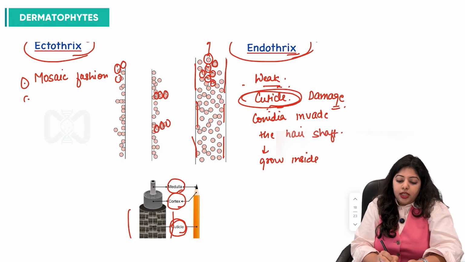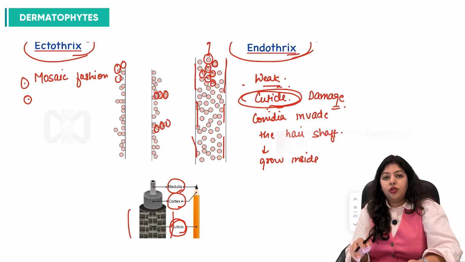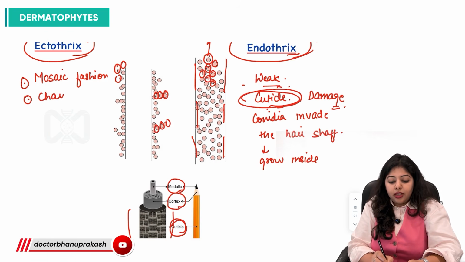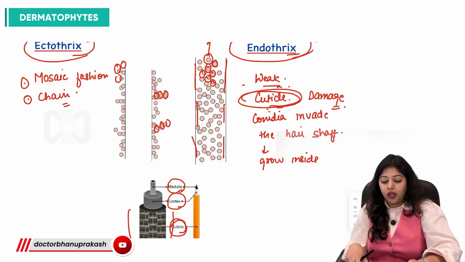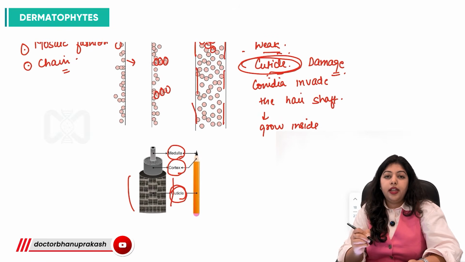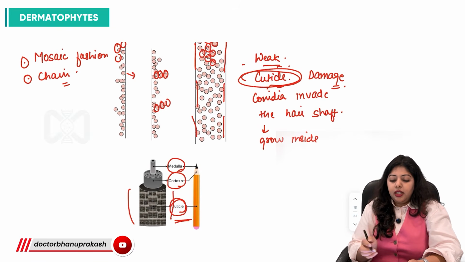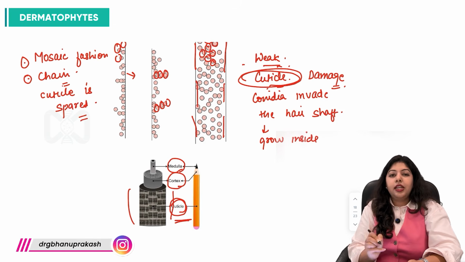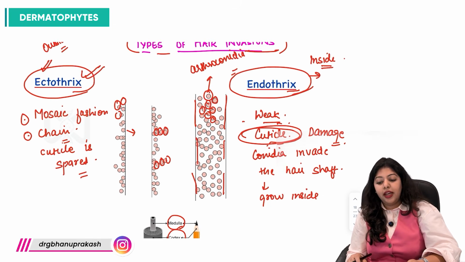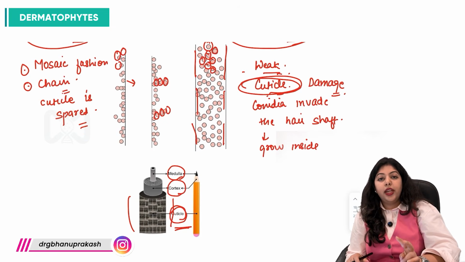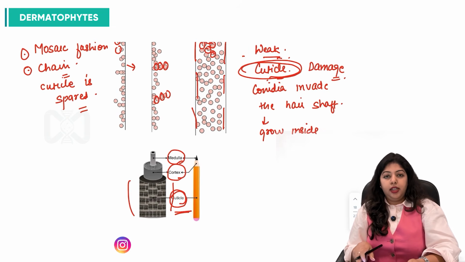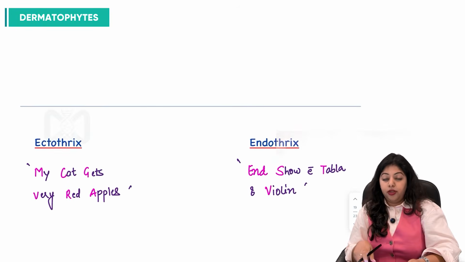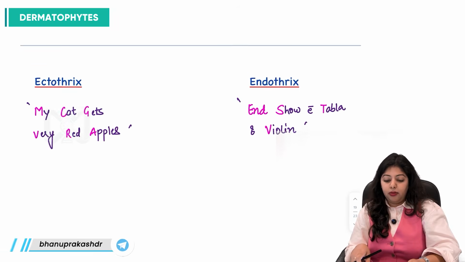So these can spread in a mosaic fashion or as chains outside the hair shaft, along the hair shaft, and naturally it is not going to invade. So the cuticle is spared in the ectothrix kind of invasion of the hair shaft. These are two very important points which you need to remember about the invasion done by dermatophytes.